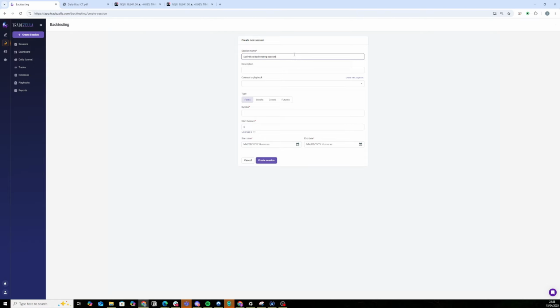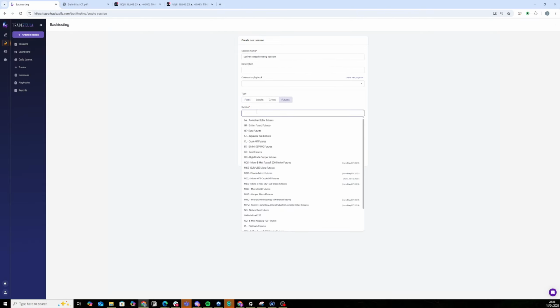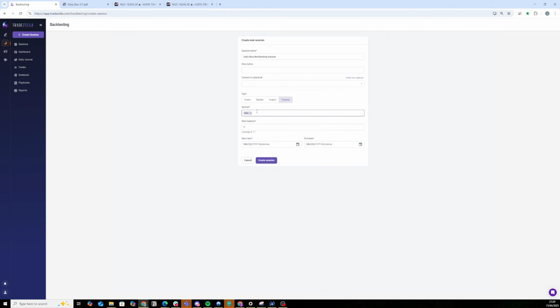Okay, so it's very clear NQ and ES is what we want to trade today. Futures, MES, MNQ, and our start balance can be 100,000. We'll do them both because everyone suggested MES or MNQ, so we may as well do them both.